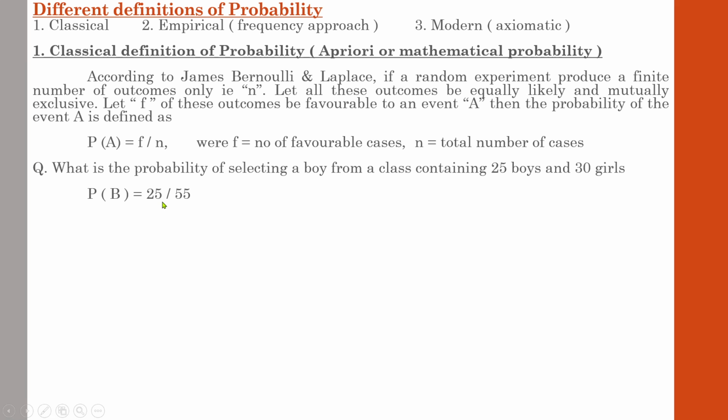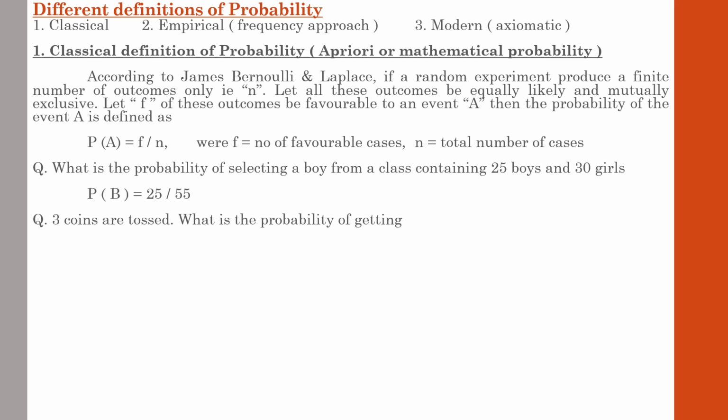That is the concept. So another example: 3 coins are tossed. What is the probability of getting? Regarding probability, there will be different cases. Whenever you come across questions where 3 coins are tossed, or 2 coins are tossed, or 2 dice are tossed: when one coin is tossed or one dice is thrown, it is not an issue, because we know that if a coin is tossed there will be 2 events, head and tail.